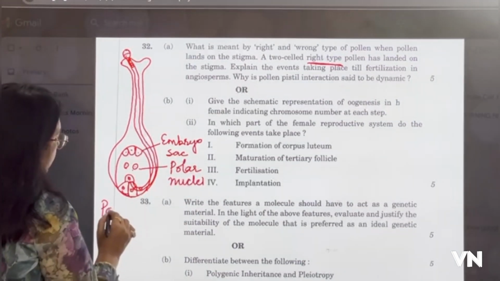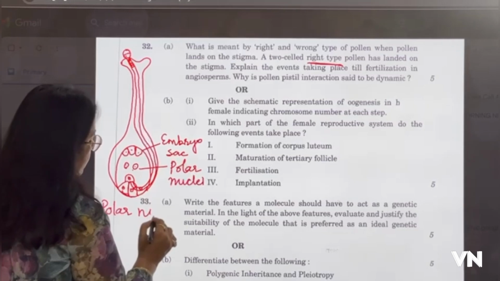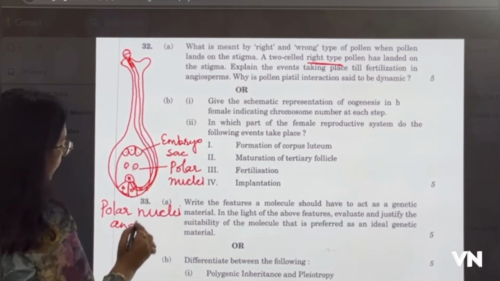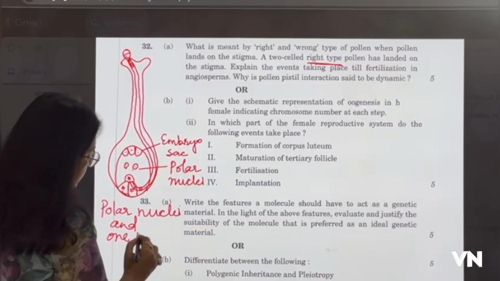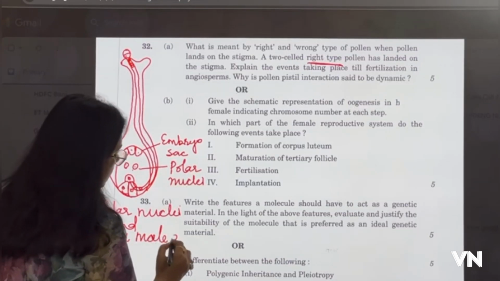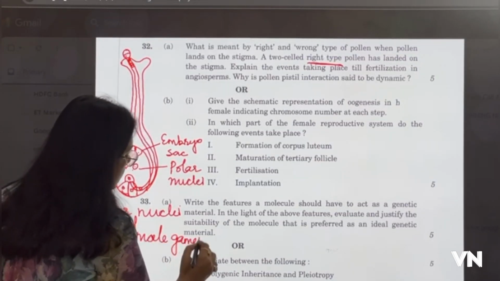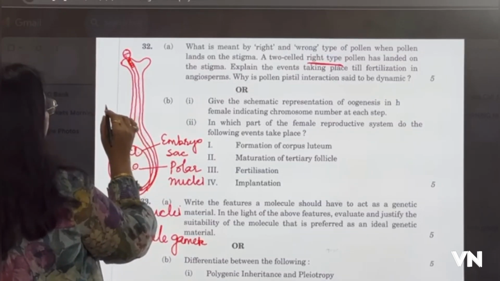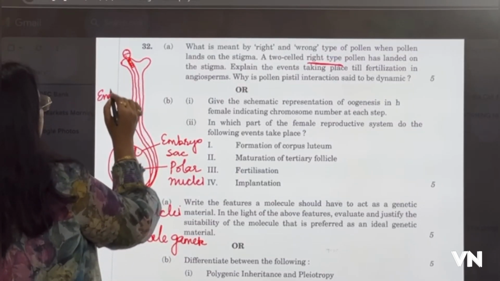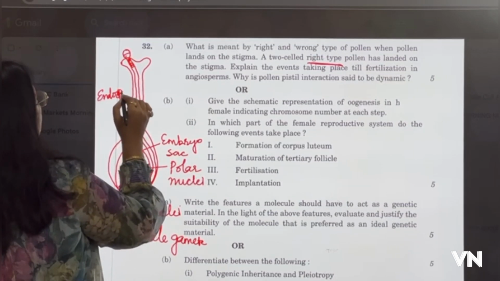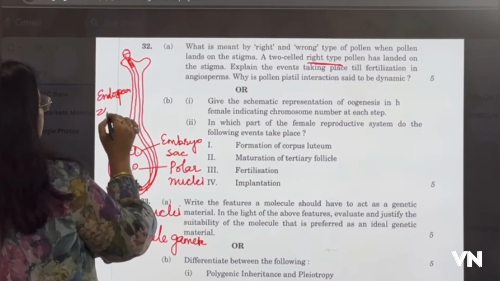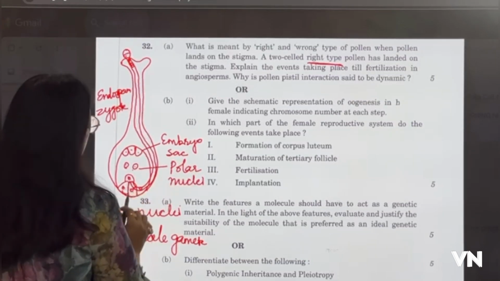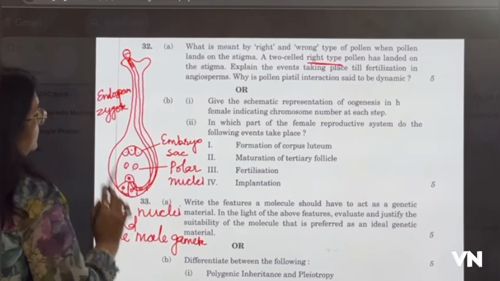Polar nuclei and one male gamete will fuse, and what will happen? There will be formation of endosperm. And the zygote will be formed with the help of fusion of one of the male gametes and the egg cell.